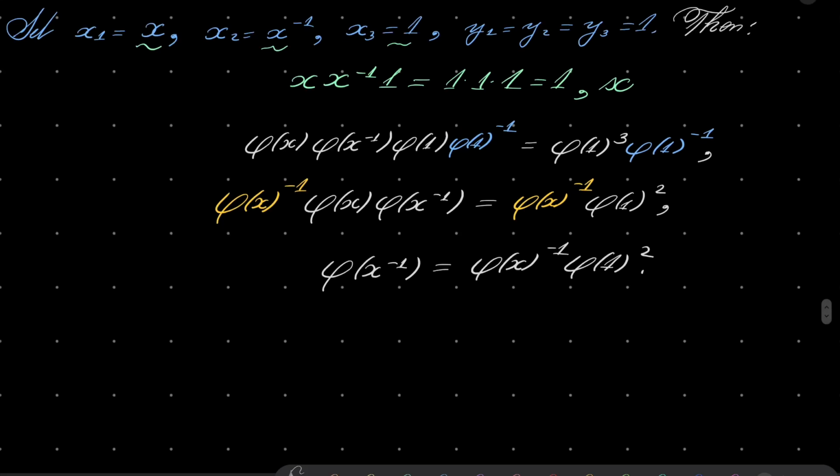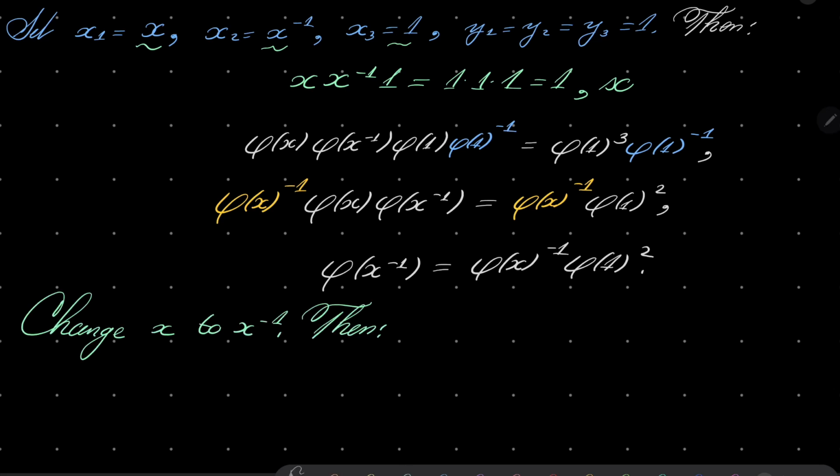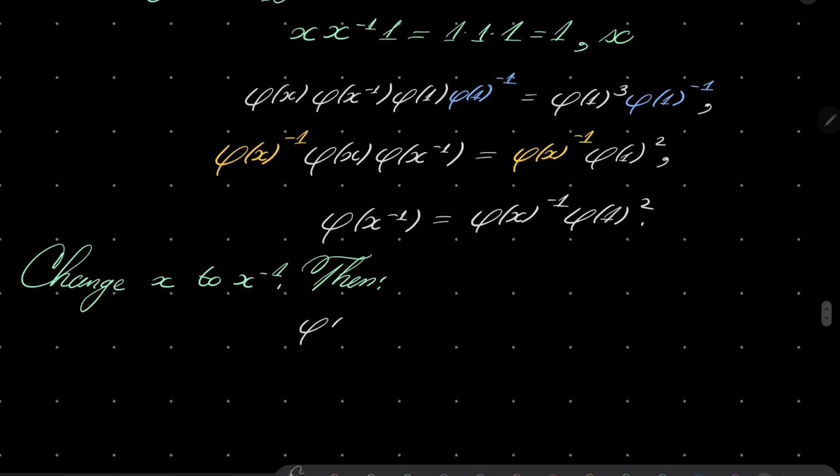Now, notice that this holds for every x. So let's change x to be x inverse, because then we will get the following: phi of x equals phi of x inverse.